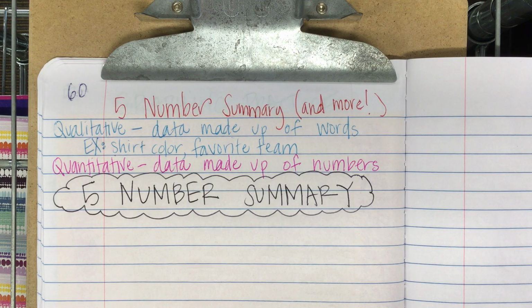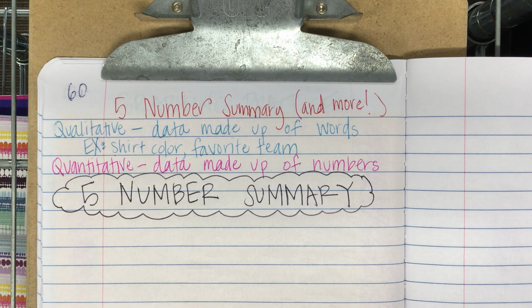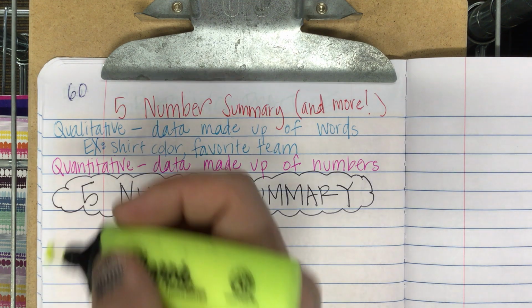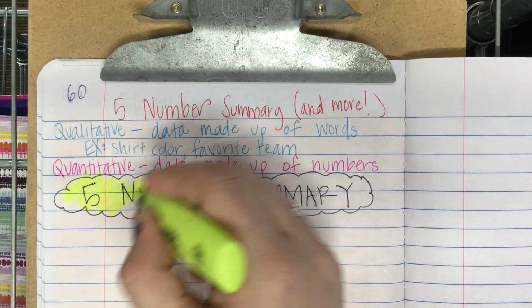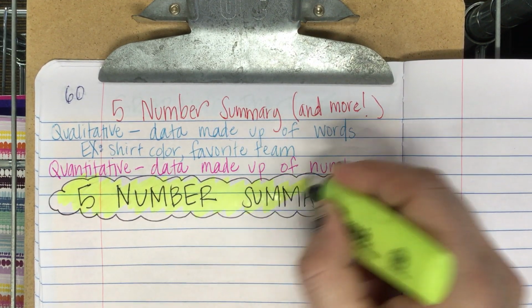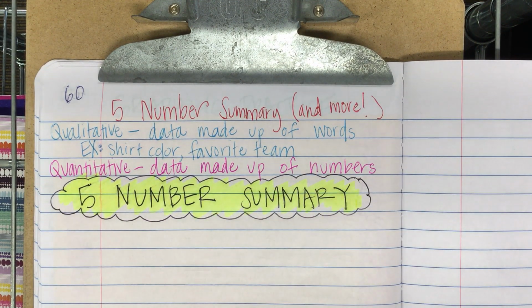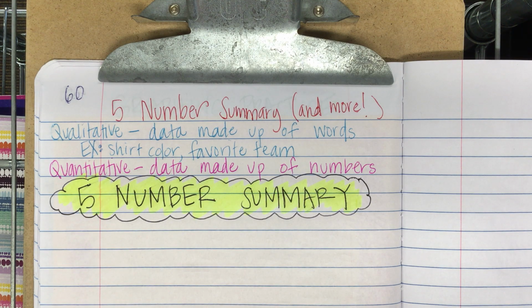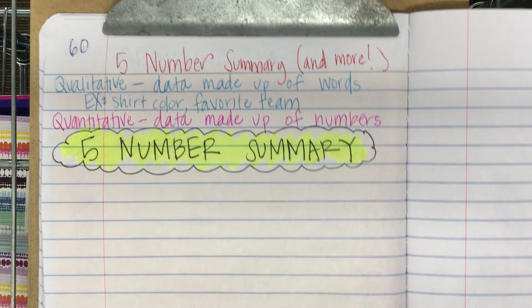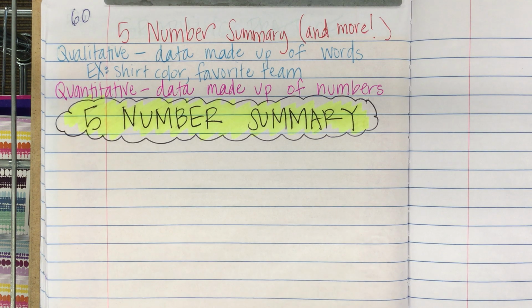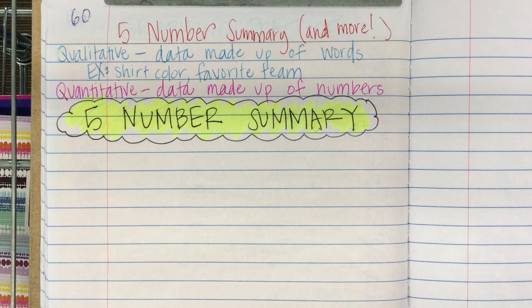A 5 number summary is a way of analyzing data. A 5 number summary is made up of 5 numbers. Nailed it. Wow.